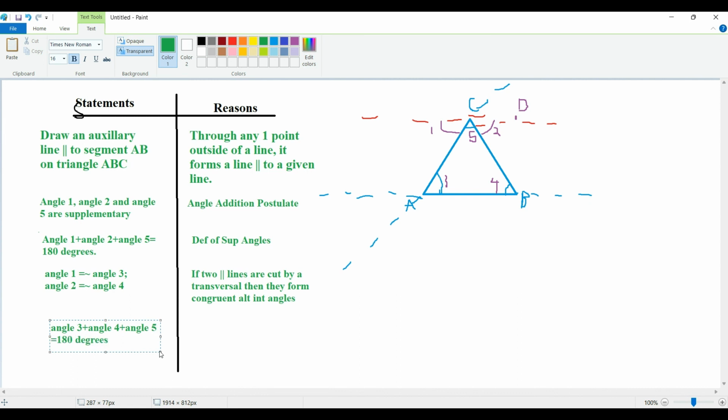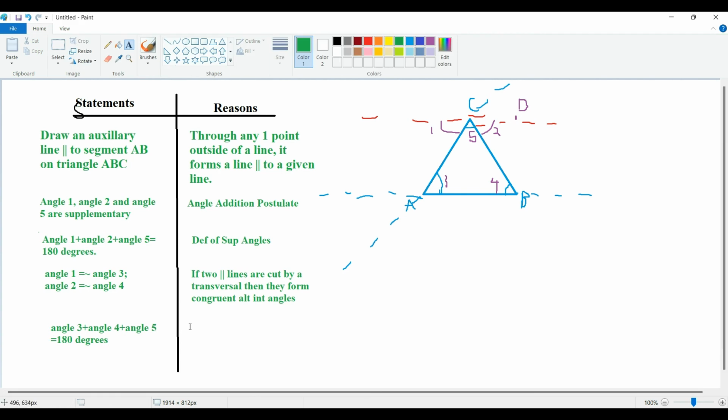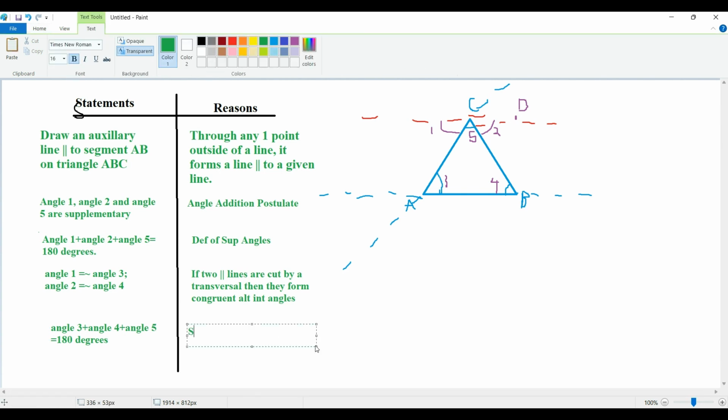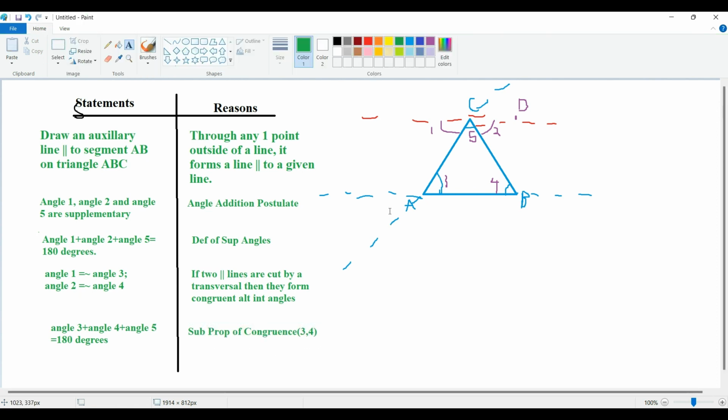The reason for this would be the substitution property of congruence on steps 3 and 4. So this is pretty much a proof for this theorem.